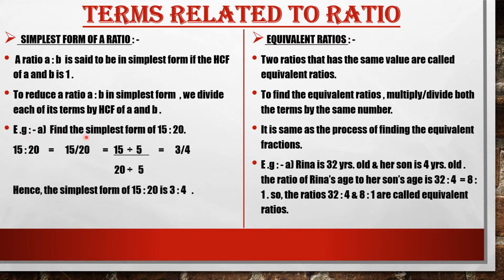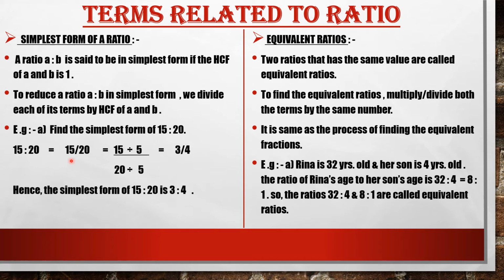For example, find the simplest form of 15 is to 20. To find the simplest form of the ratio 15 is to 20, first express it in the form of a fraction. 15 is to 20 is equal to 15 by 20. Now use the similar process as we used to find the simplest form of a fraction.